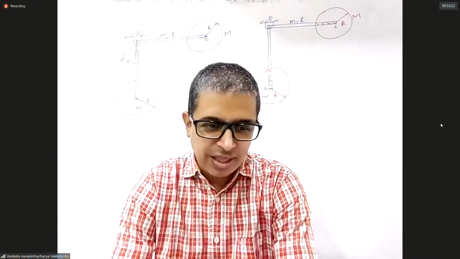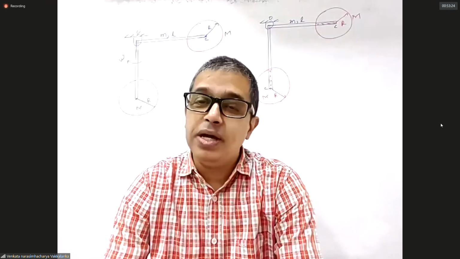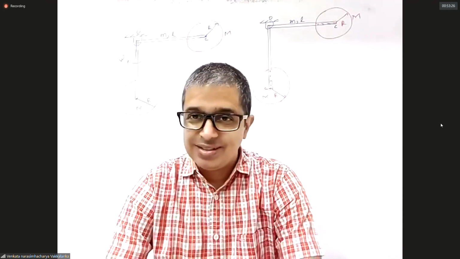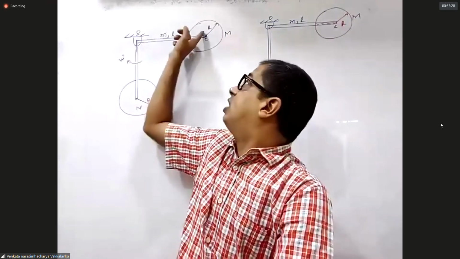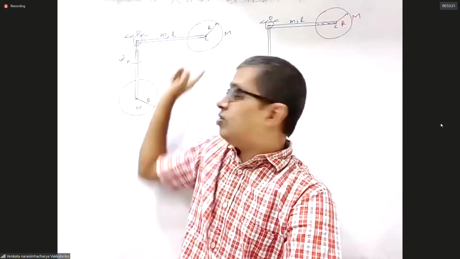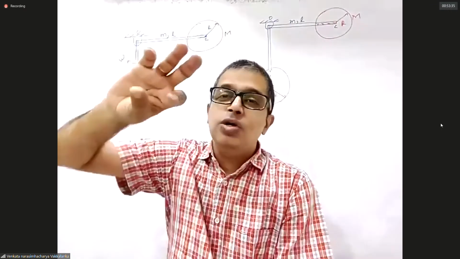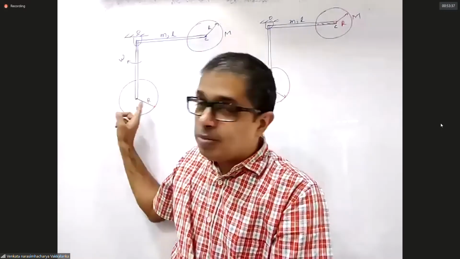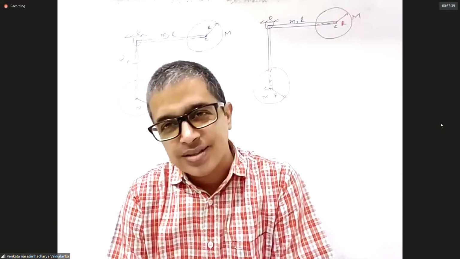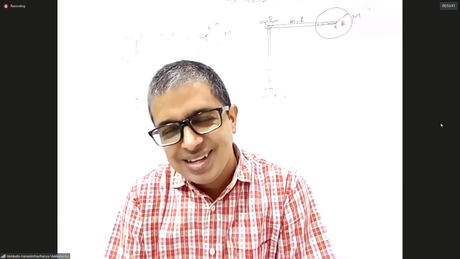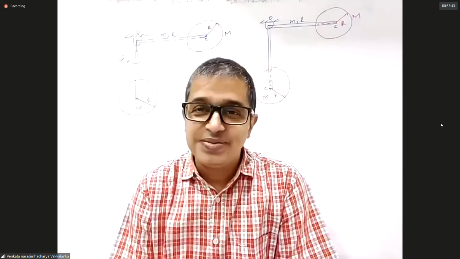Alpha is 0, omega should remain constant. Initial omega about its center of mass is 0. Final omega about its center of mass will also be 0. So the disc will not rotate about its center of mass, right?